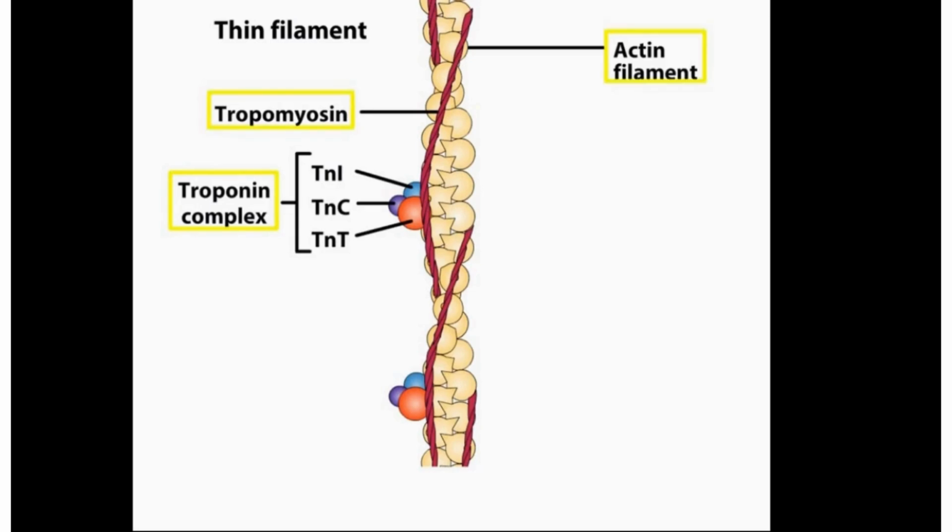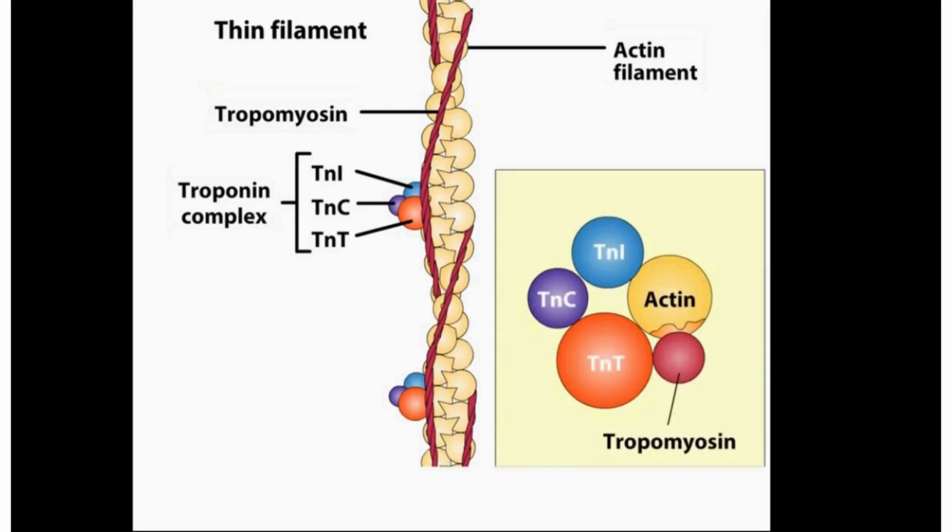Troponin, tropomyosin and actin constitute the thin filament. Troponin can move tropomyosin and unblock the myosin binding sites. A cross section shows how troponin and tropomyosin associate around the actin and block the binding of the myosin head.